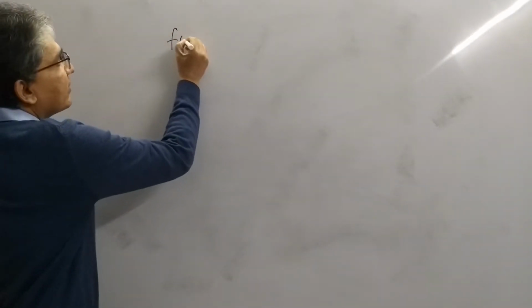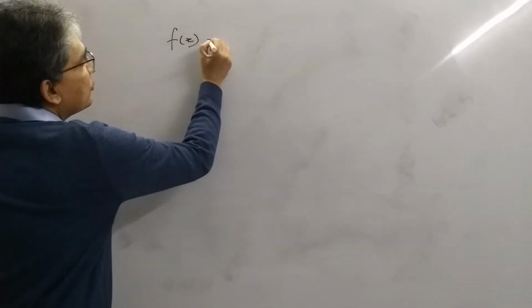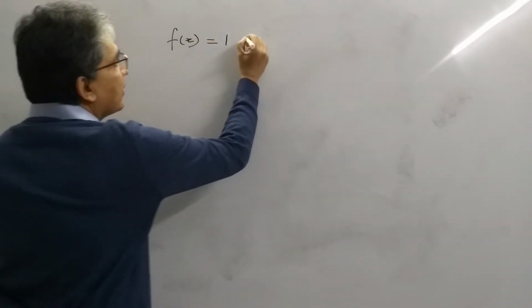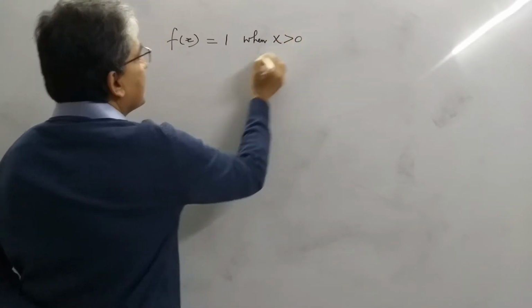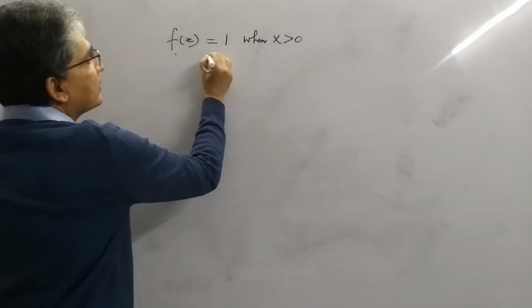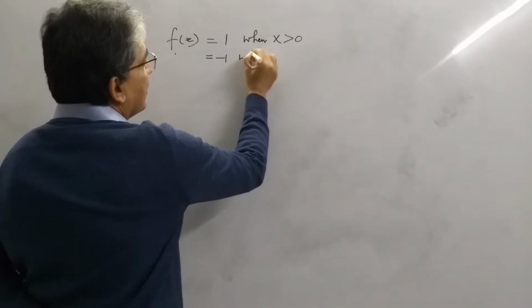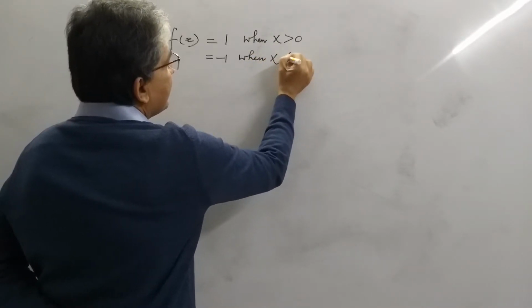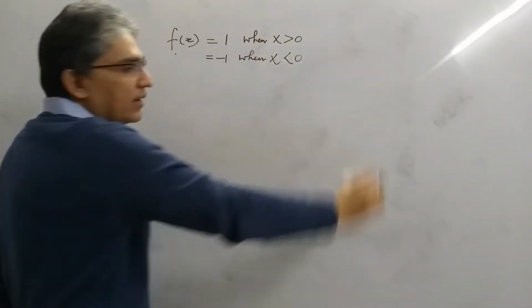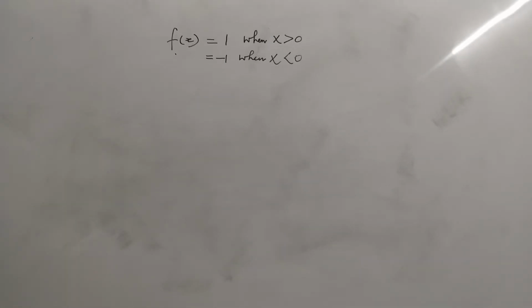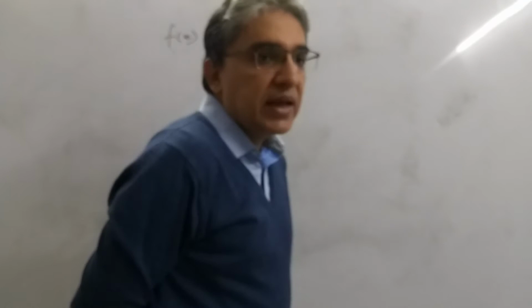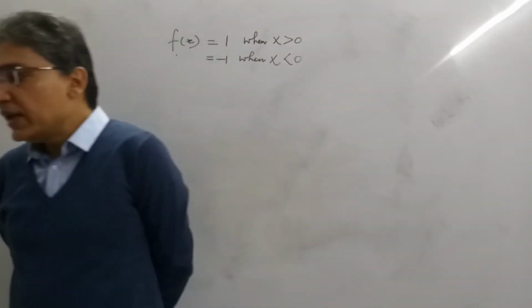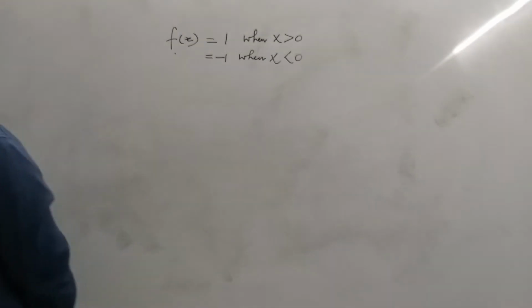Take a function f(x) which is 1 when x is positive and the function is -1 when x is negative. I am using the function which is 1 when x is positive and which is -1 when x is negative.